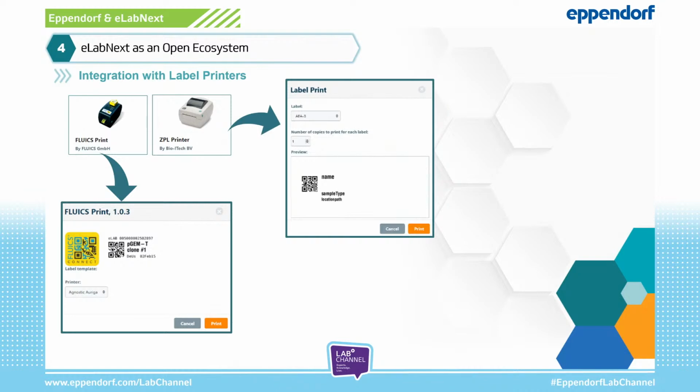One of them is Fluix. You can integrate the Fluix printers with eLab, and we also have integrations with CPL printers. So several printers that recognize the CPL language can be integrated. You can design your labels, just print them, add them to your vial, and when you scan this QR code, for example, with your phone, we have a mobile app, you can access the information of your samples or of your freezers or compartments.